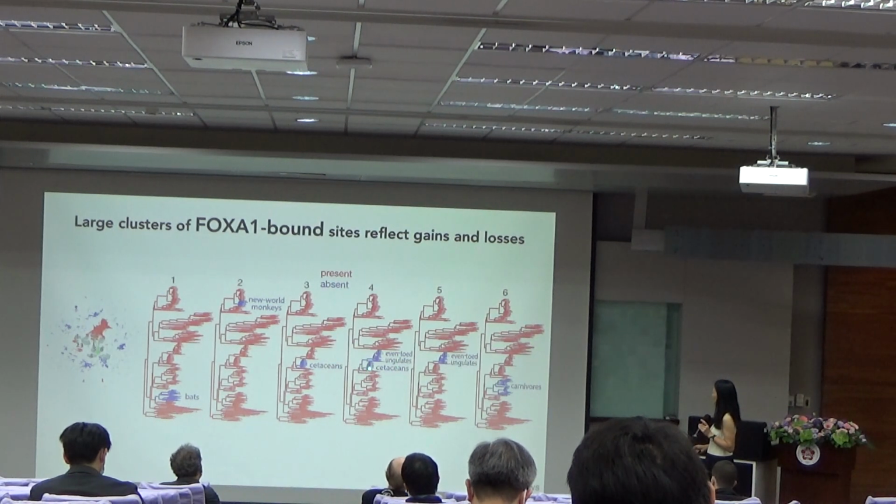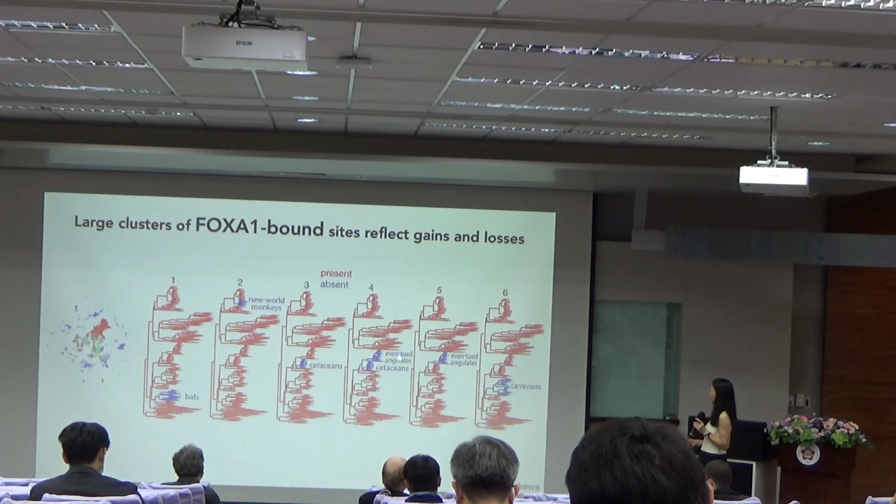And one thing that was very interesting is that lobe 4 here are sites that are gone in even-toed ungulates and cetaceans. So cetaceans are whales and dolphins, and even-toed ungulates are like the cows and those domestic animals that have an even number of toes.